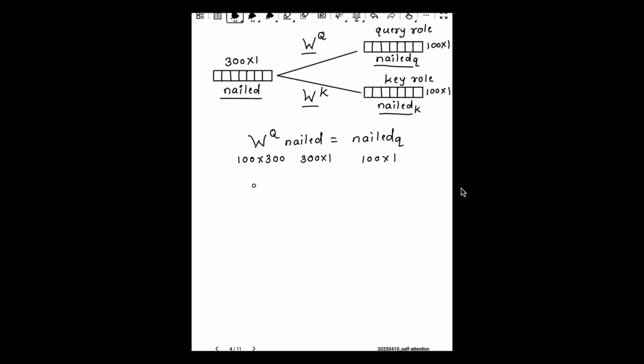Similarly, we can calculate our key representation of the word nailed. We take the key weight matrix, we multiply that by the original representation of nailed, and that's going to give us key representation of nailed. Now we have to calculate key and query representations for all tokens in our sequence.